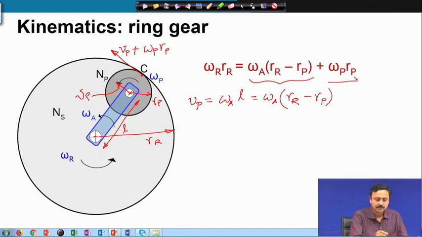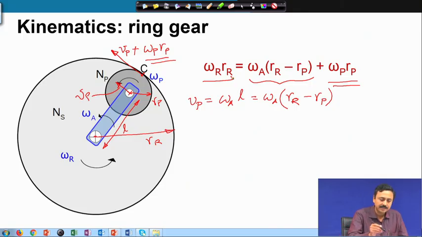This term comes from here, and we match the velocity of the contact from the ring gear side, which is omega r times the radius of the ring gear.